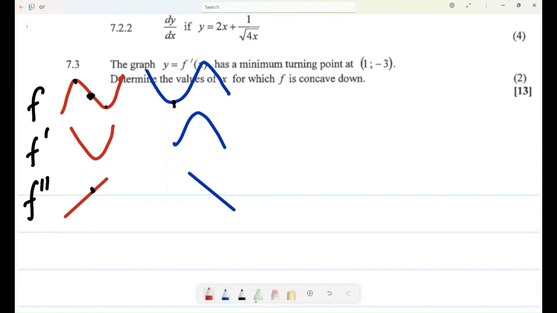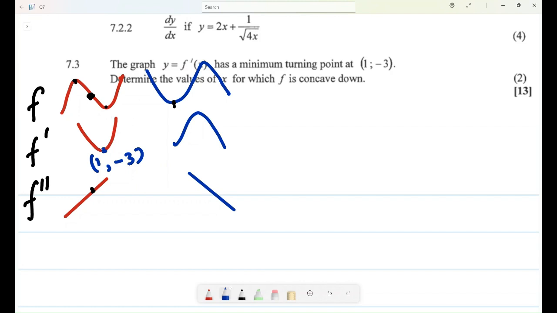Now I'm told that the derivative has a minimum turning point. Where is my minimum turning point? This is the maximum, right? Then this is the minimum. So I'm looking at this graph. It has a turning point there at (1; -3).